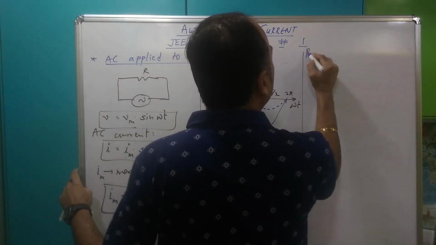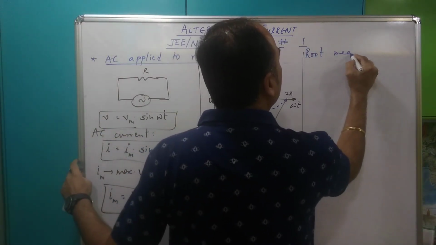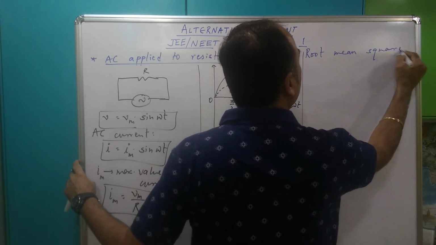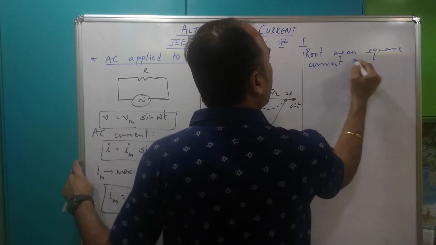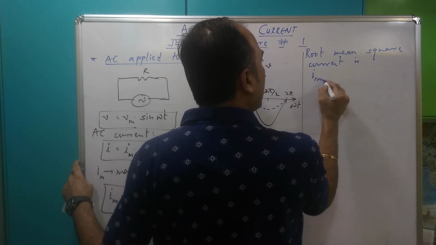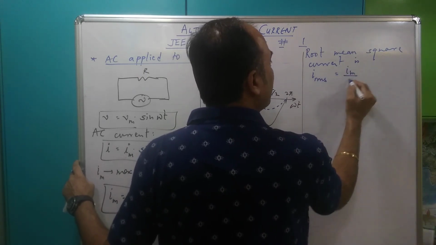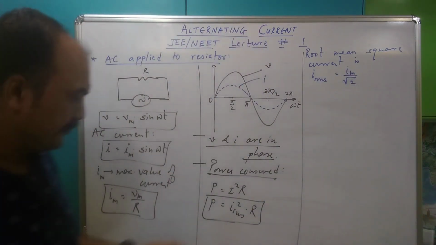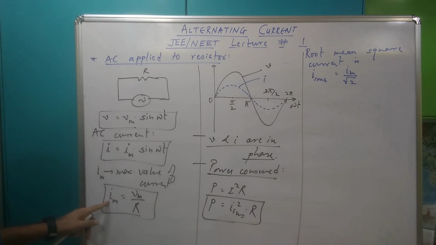So the root mean square current, IRMS, is the maximum current divided by root 2. So this is the maximum current Im.